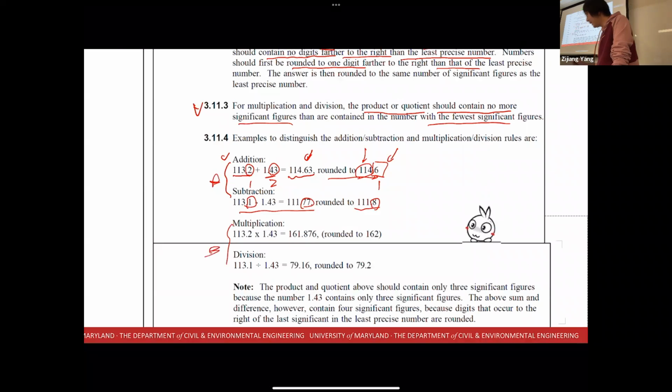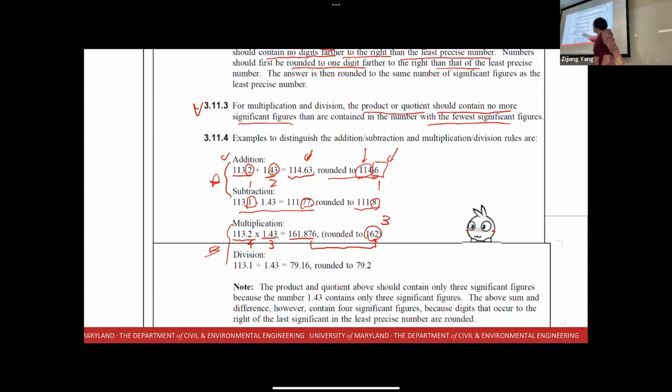And for multiplication and division, we take the least. For this one, we care about the significant figures. For this one, we have 4. For this one, we have 3. And when we report the result, so this is the product, it should have 3 significant digits because 3 is smaller than 4.